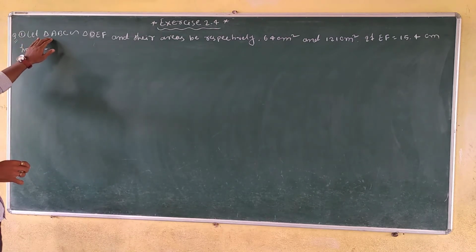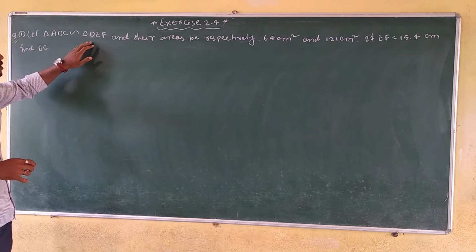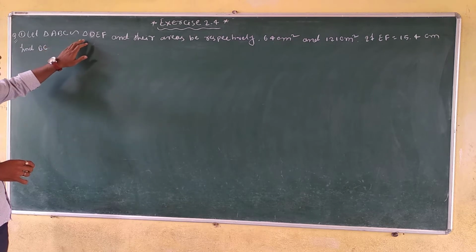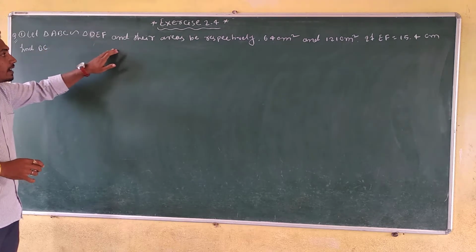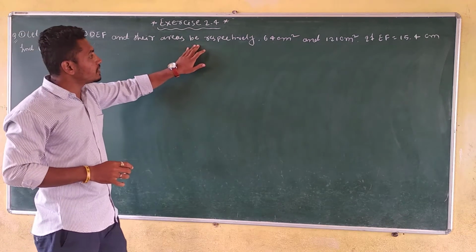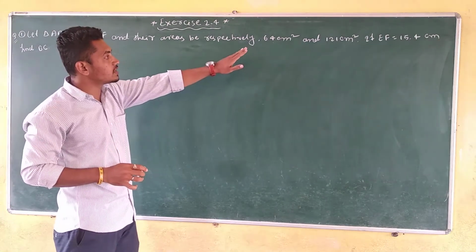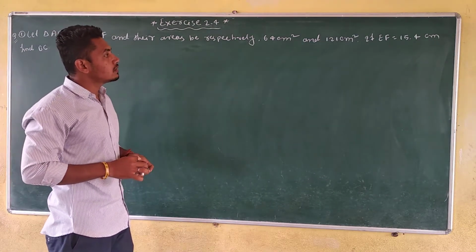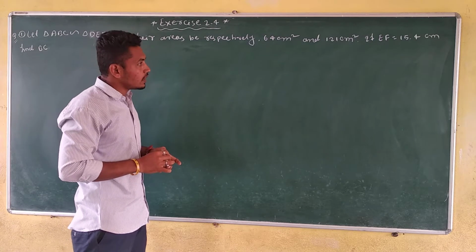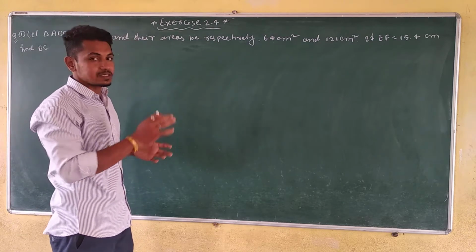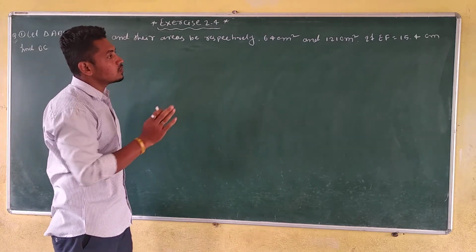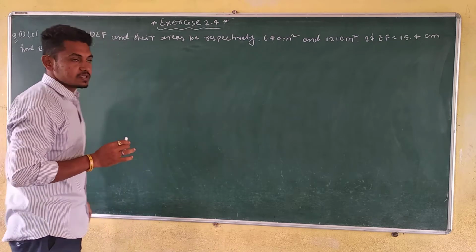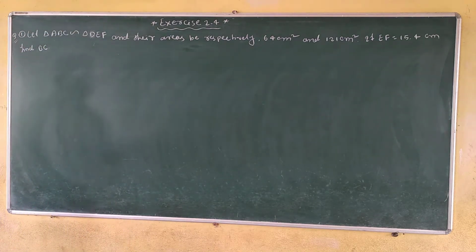Let triangle ABC be similar to triangle DEF, and their areas be respectively 64 centimeters square and 121 centimeters square. If the side EF is equal to 15.4 centimeter, then we have to find the side BC.